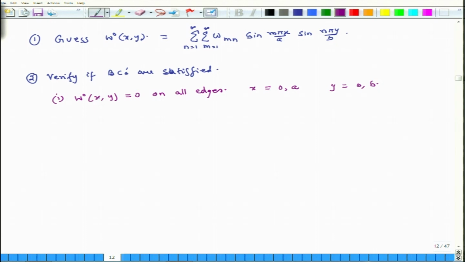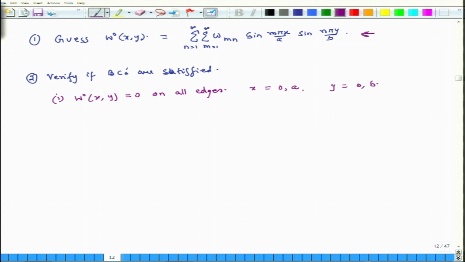When we plug in x is equal to 0 in this equation, w becomes 0, and when we plug in y is equal to 0, the boundary condition on the x is equal to 0 edge is satisfied. Similarly, when we plug in y is equal to 0 in this equation, it gets satisfied. So, the boundary condition on y is also satisfied.